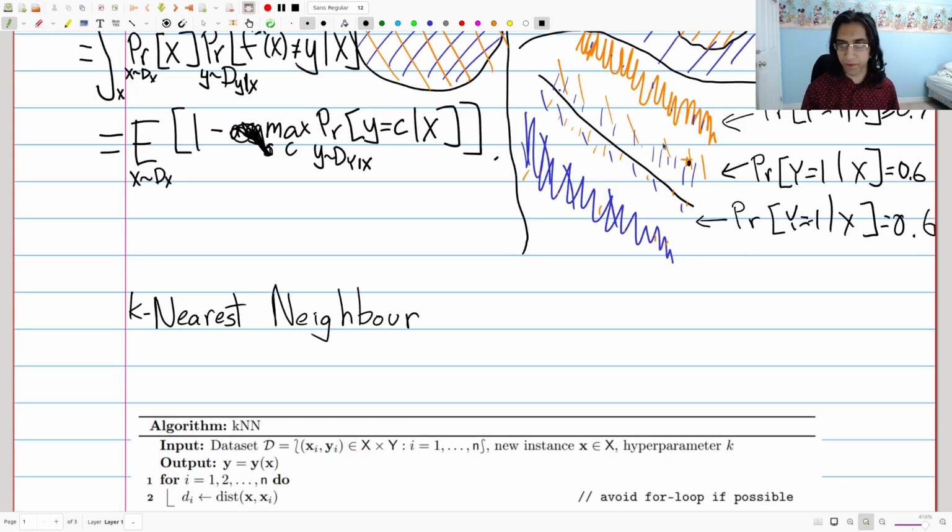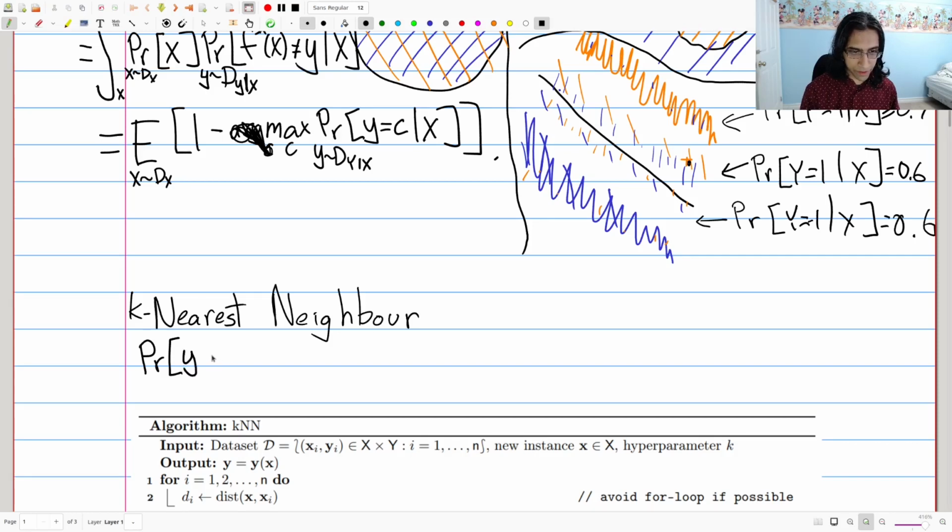Remember when I said before that whenever you use a type of machine learning model, there's some sort of implicit assumption you're making about your data. And the implicit assumption you're making here when you run K-nearest neighbors is the following.